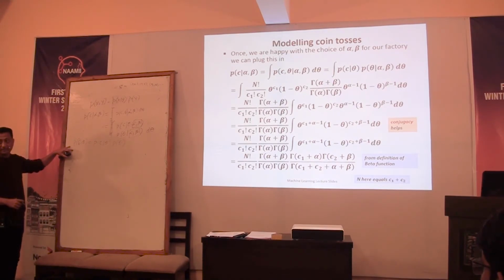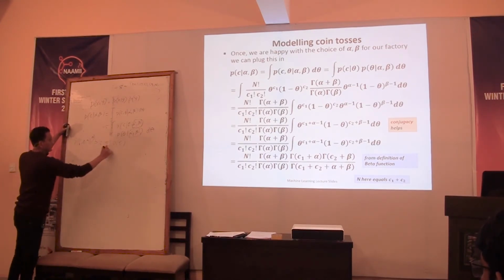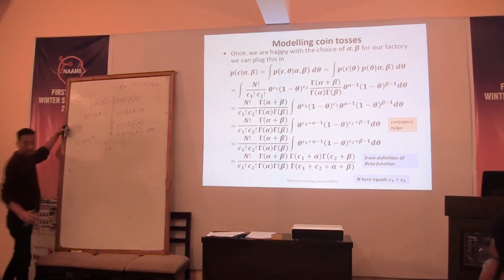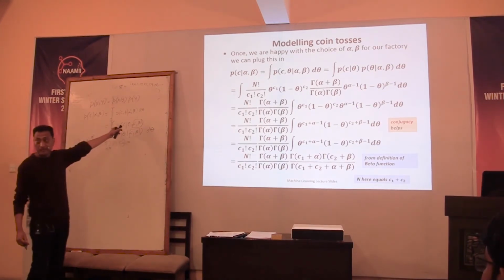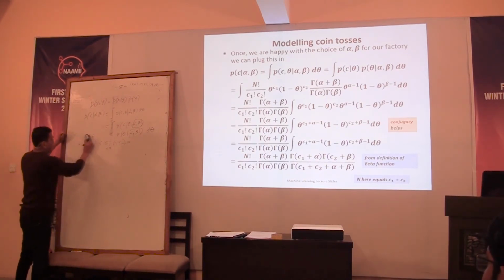Everybody's happy with that, right? So here, all I've done is added the alpha beta conditionals. Okay? Is everybody happy with that? Okay, so hence, I can get this equation. Is that clear?